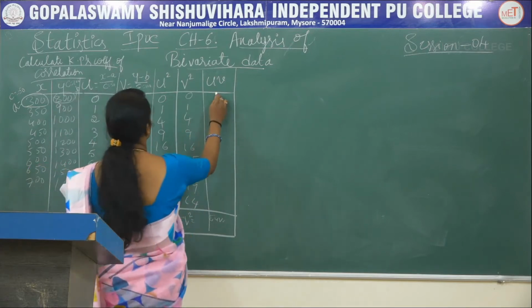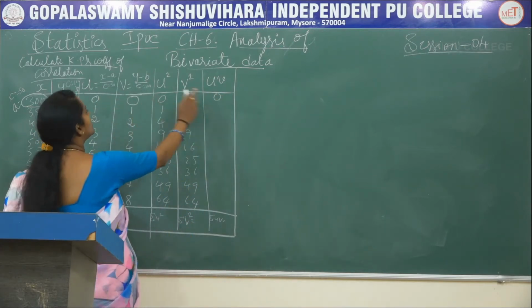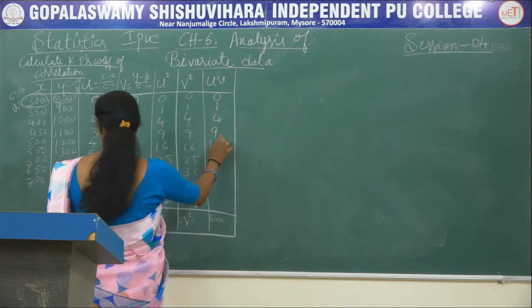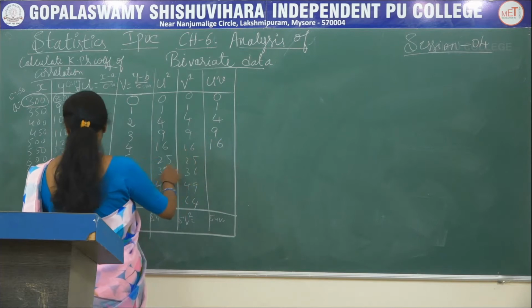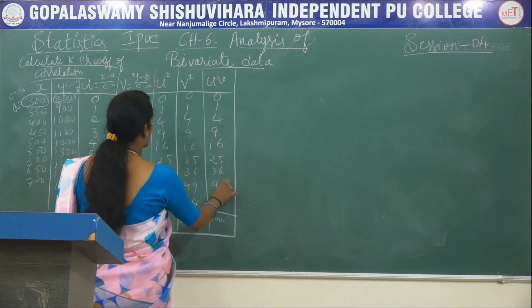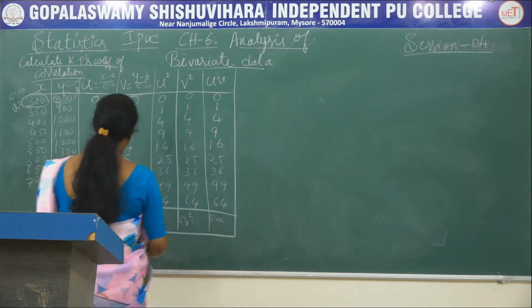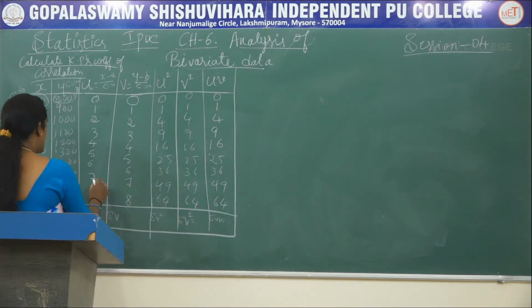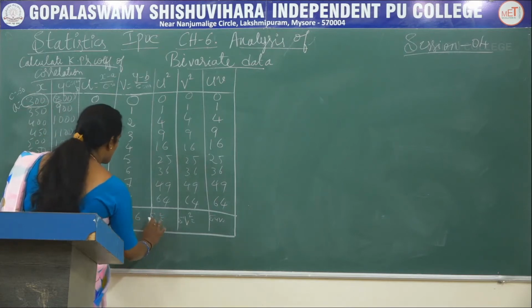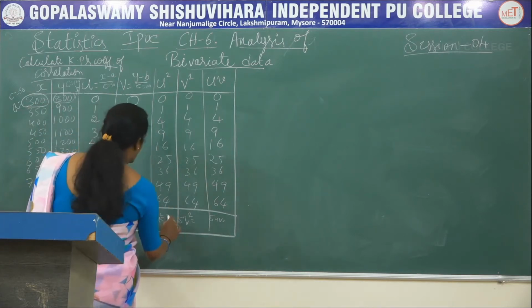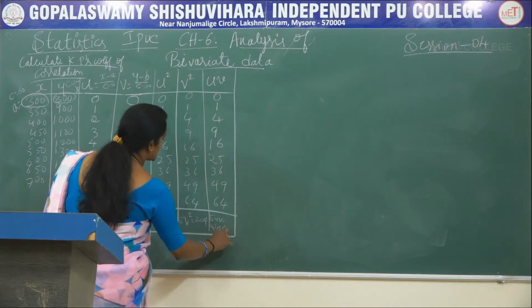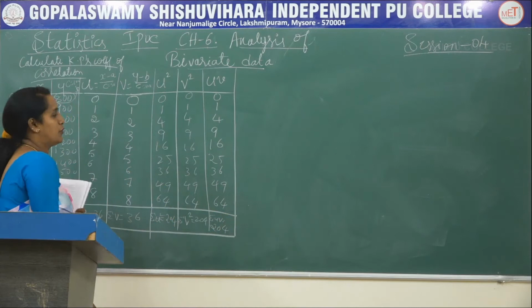And u into v will be 0, 1, 4, 9, 16, 25, 36, 49, 64. Now you take the summations of these. Summation u is 36, summation v is also 36, summation u square is equal to 204, summation v square is also 204, and summation uv is also 204.